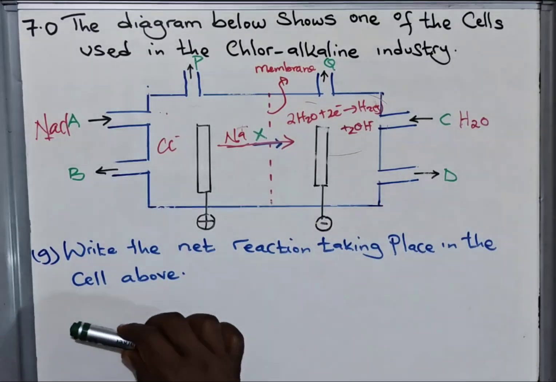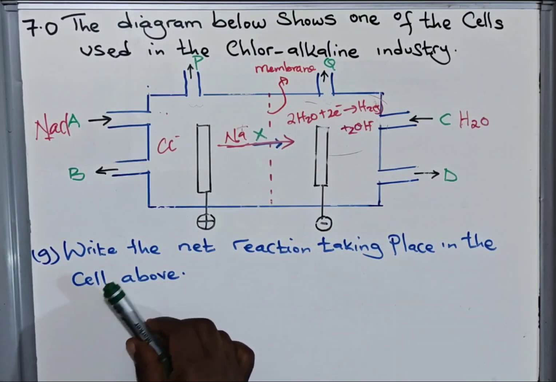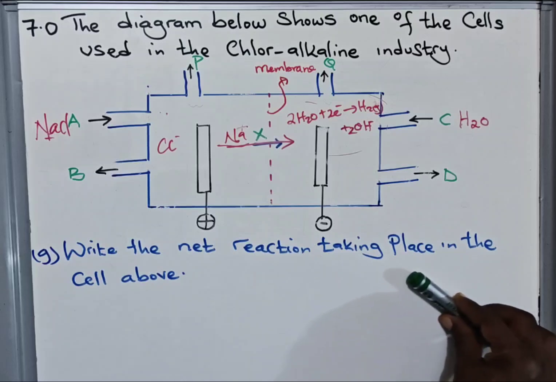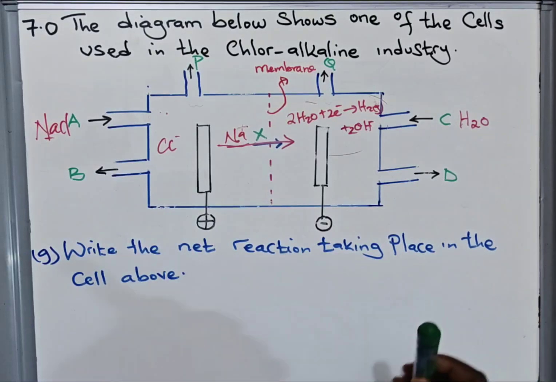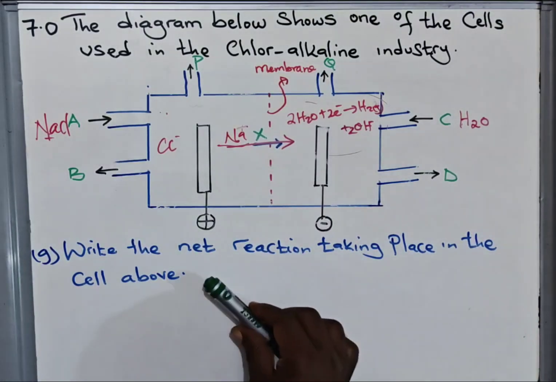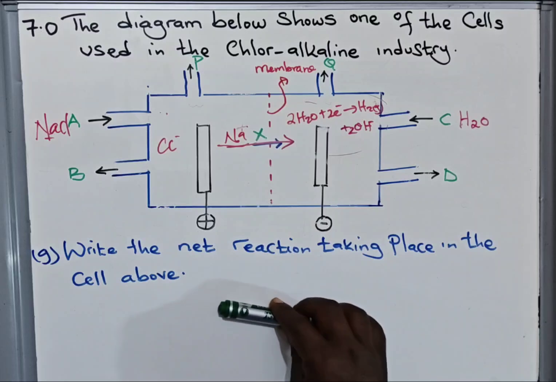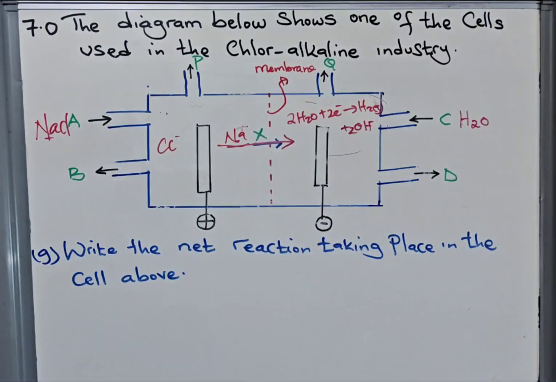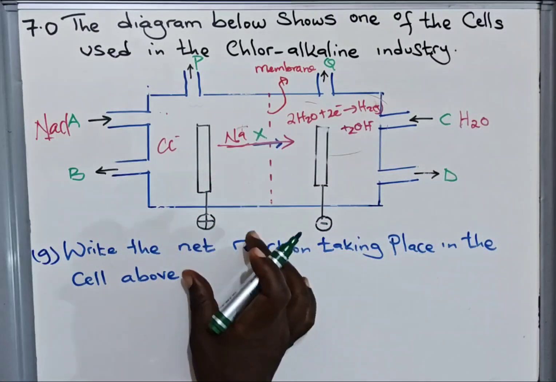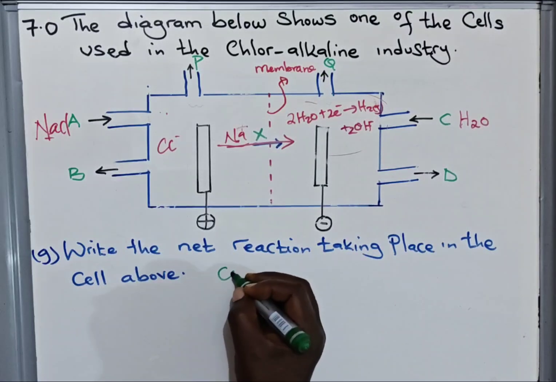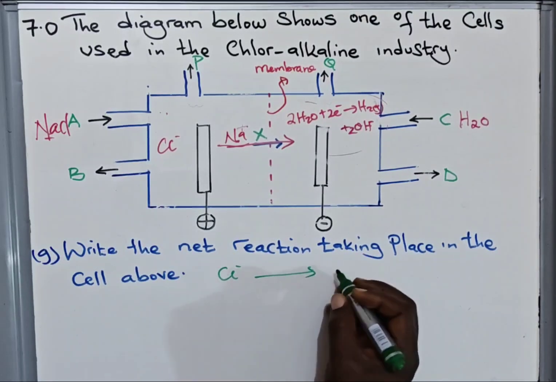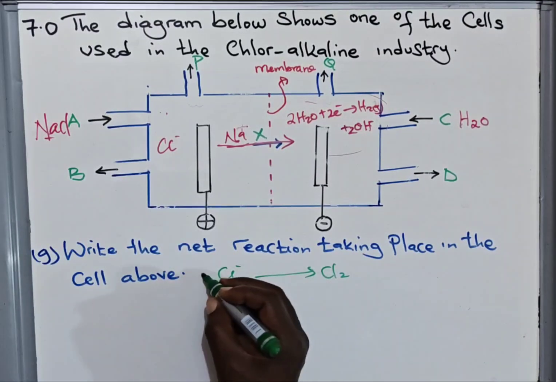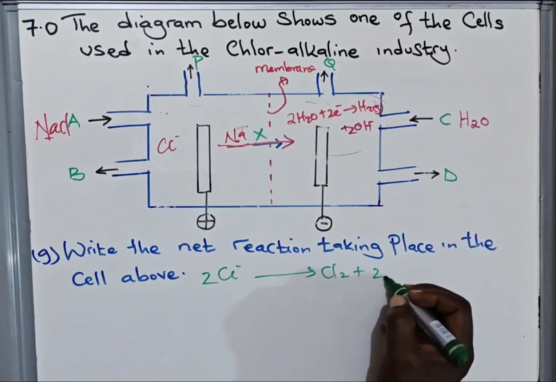Yeah, so we come to this question. It says, write the net reaction taking place in the cell above. So to answer this question, you need to have the 2 half reactions. And what did we say? We said that at the anode, chloride ions were oxidized to chlorine, and we have the 2 electrons here.